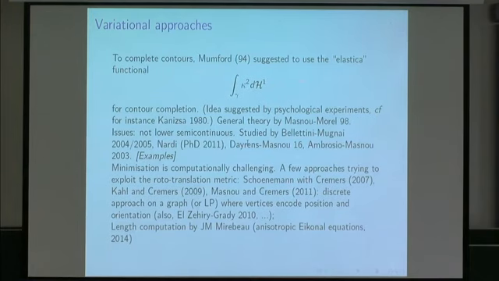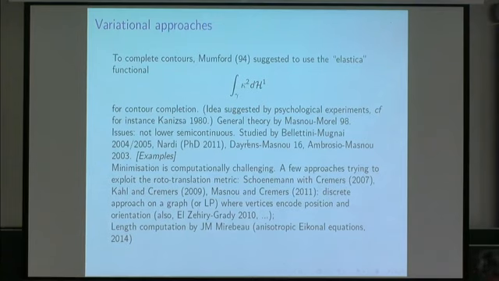So in particular, you'll know that in the 90s, there was this idea that the elastica functional could well close hidden contours. And this was more or less based on psychological experiments of Kanizsa, and there was a whole theory on this and how you reproduce yourself missing contours in your brain.